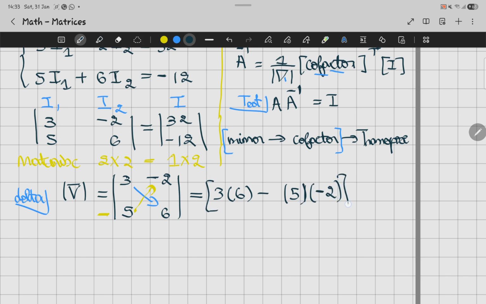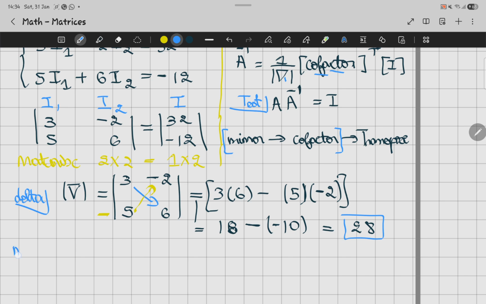Okay, and then if you work them out, you'll get 18 minus negative 10, which will give you 28. This is delta.